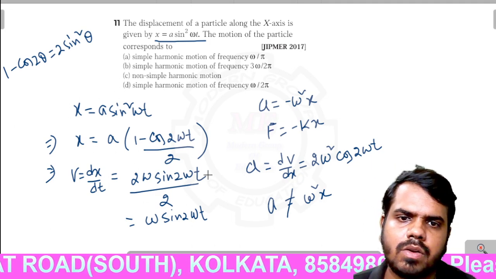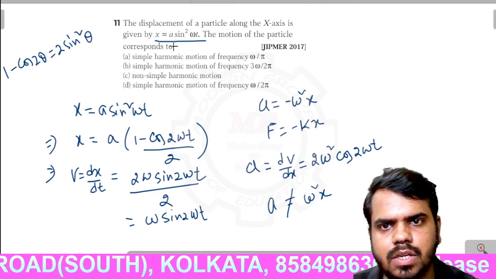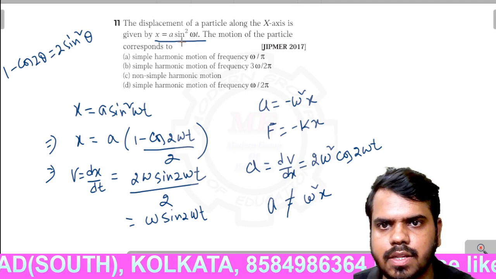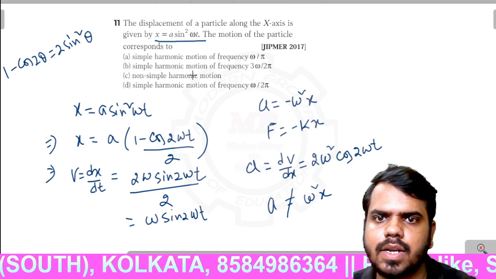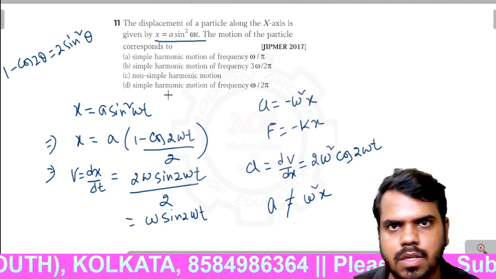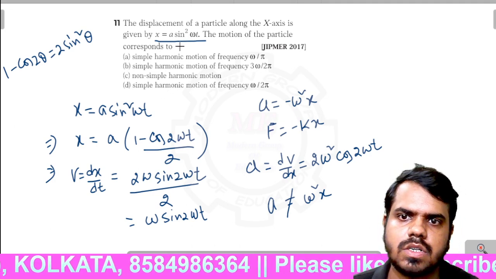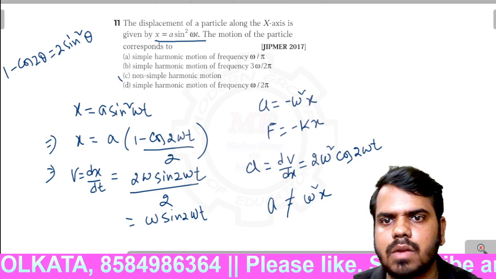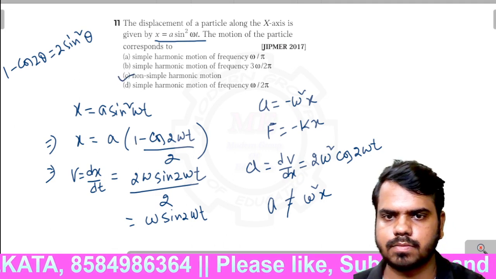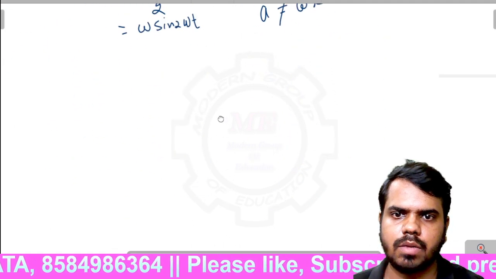You don't have to calculate all this; you can check only by the equation. It has sine square omega t, but in SHM no displacement equation has square values, so this is not simple harmonic motion. Clear? Now coming to question number 12.